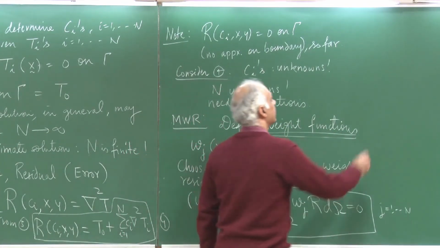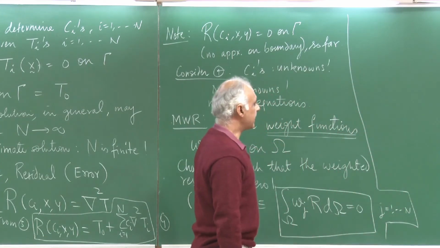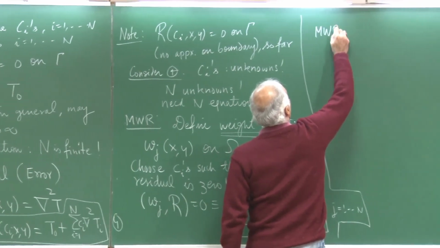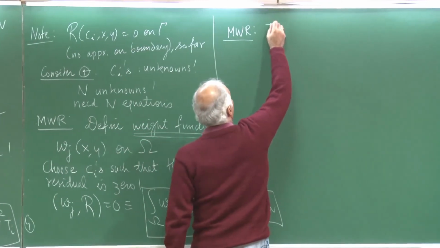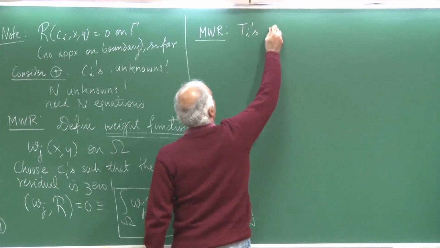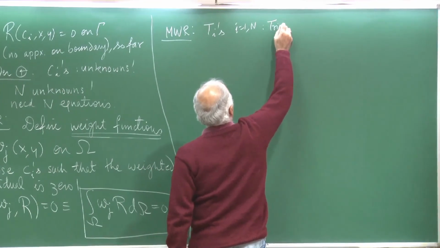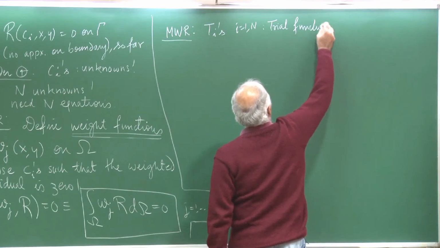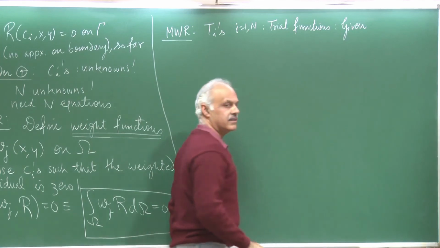So let us write down the method. The method of weighted residual essentially does the following. Ti's, where i goes from 1 to n, are trial functions. These are given.